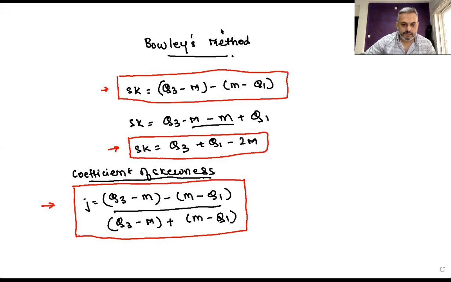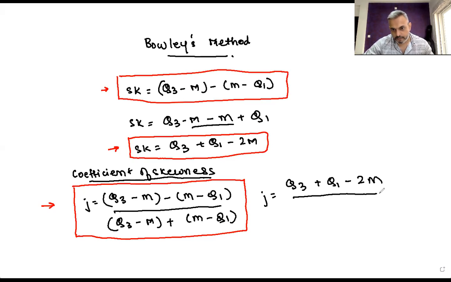Now, when we solve this, what we get is J is equal to Q3 plus Q1 minus 2M, we have already solved the numerator, upon, we open the bracket, Q3 minus M plus M minus Q1, where minus M plus M gets cancelled.